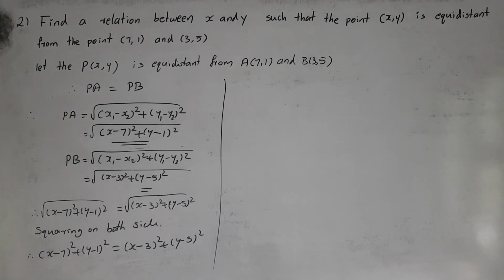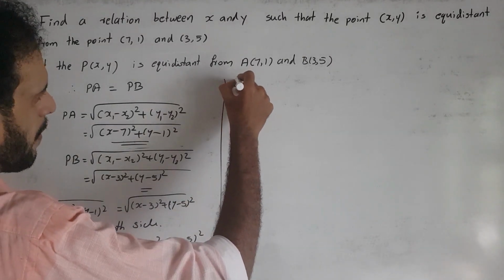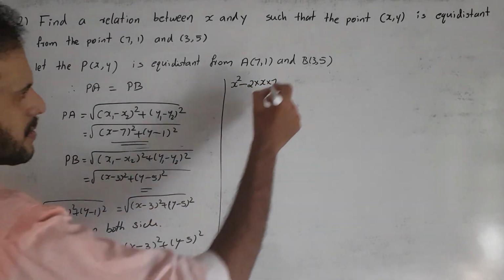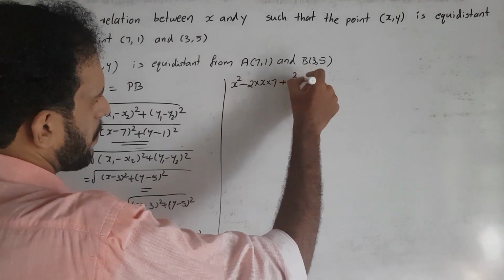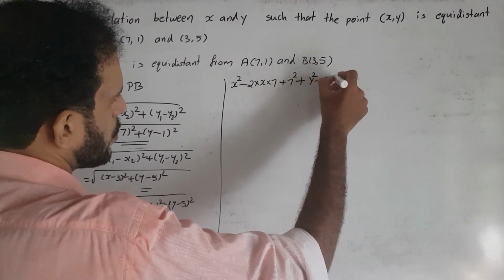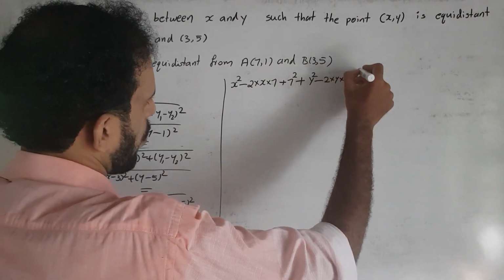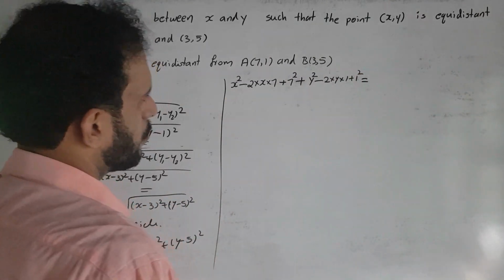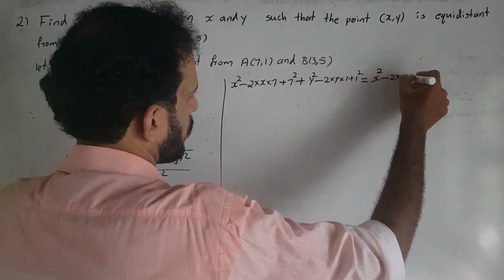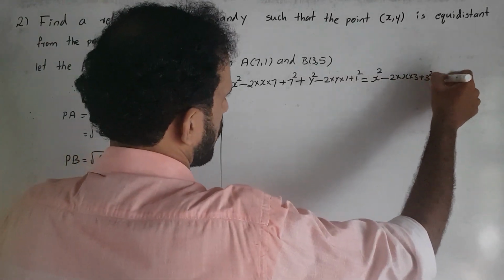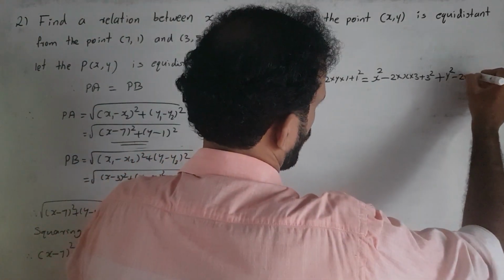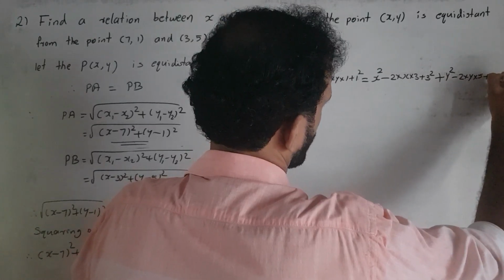Then we write, yes, x square minus 2 into x into 7 plus 7 square plus, yes, y square minus 2 into y into 1 plus 1 square is equal to x square minus 2 into x into 3 plus 3 square plus, yes, y square minus 2y into 5 plus 5 square.